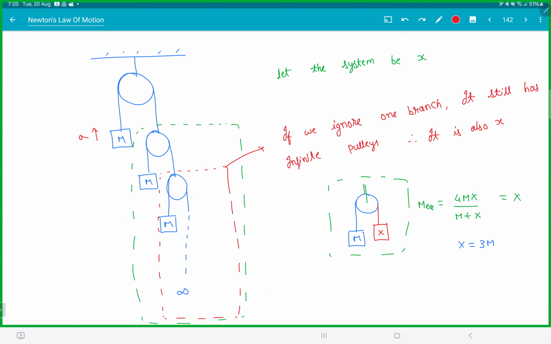So 4mx by m plus x must be equal to x. That means x is equal to 3m. The whole thing becomes simply a two-block problem, and you know how to do it from there. Is this clear, everyone? Easy? Once you know the pulley equivalent method, it looks easy.